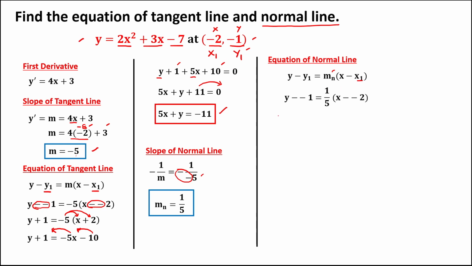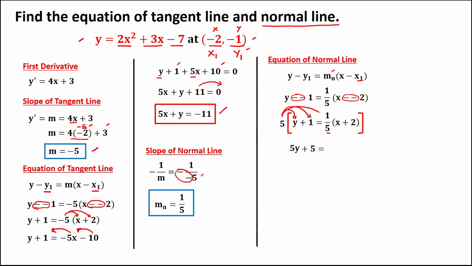Then to simplify, this double negative becomes positive, and this double negative is positive. Since this equation contains a fraction, we need to multiply the whole equation by the denominator, times 5. Then distribute, so 5 times y is 5y, and 5 times 1 is positive 5.